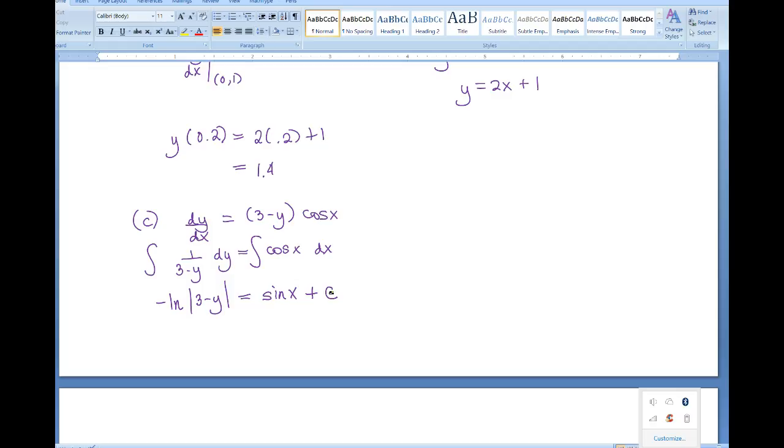It says constant of integration, so the bottom has a derivative of -1, so technically it's ln of absolute value of 3 minus y divided by -1. So with integrals, we divide by the derivative of the u.